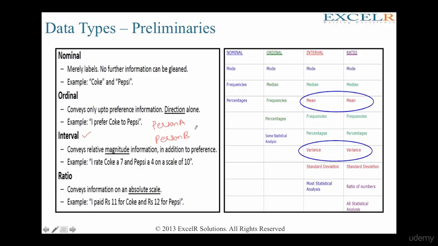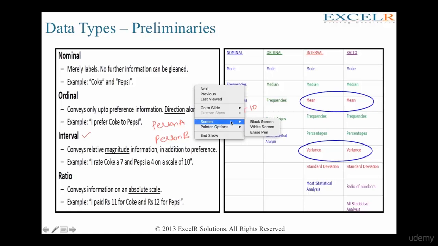However, when you ask them to rate this product on a scale of 1 to 10, the way they rate depends on each person. Both of them like Coke equally, but person A might rate this product as 9 and person B might rate it as 7. It is based on the mindset of these people, but both of them like this particular Coke equally.